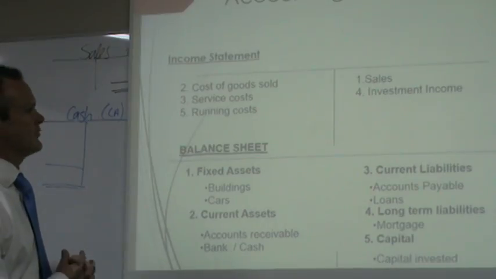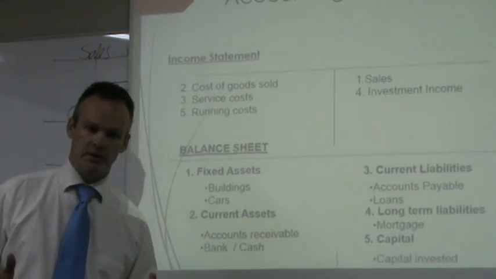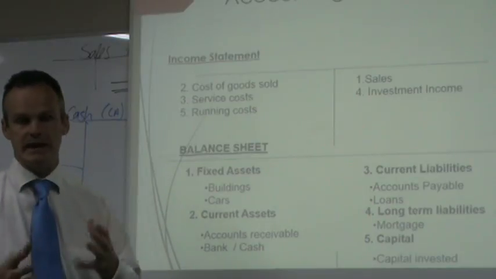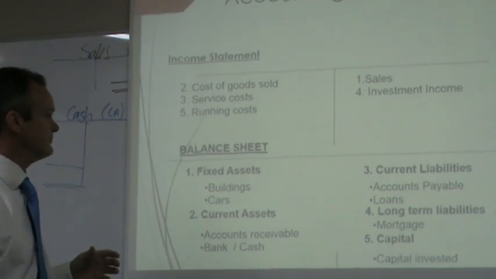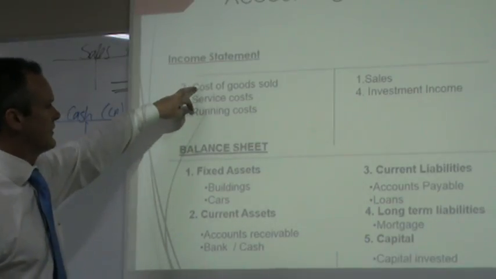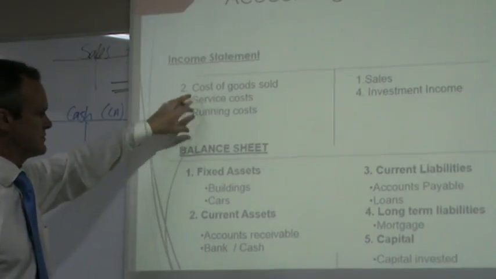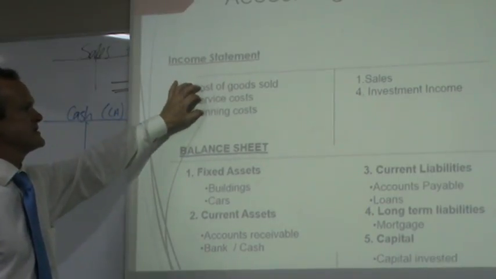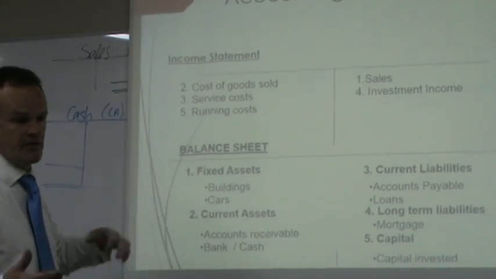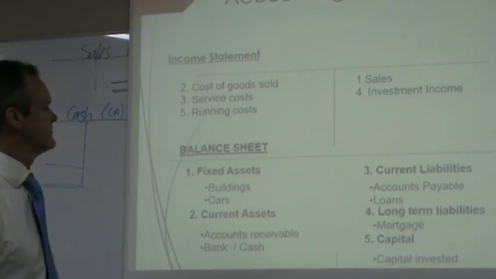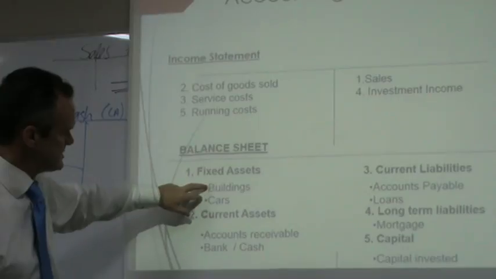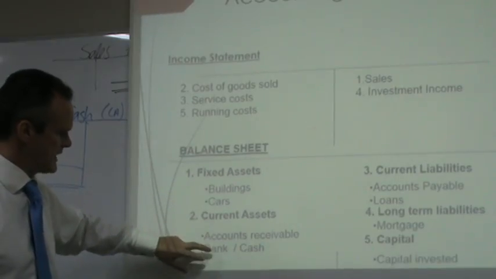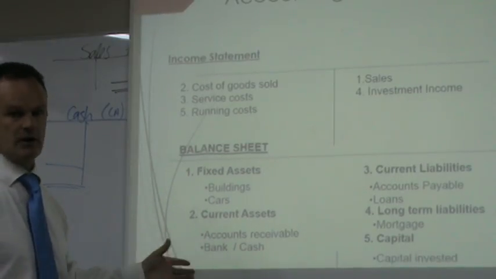You can see that from a cash flow point of view, this is all related to what gives us money to spend. You can see here the cost of goods sold, service costs, running costs. So these are costs that we have either incurred or we've actually paid. And then there are fixed assets, we've got buildings, cars, accounts receivable, and bank or cash.